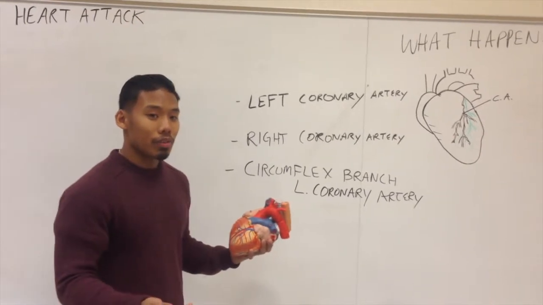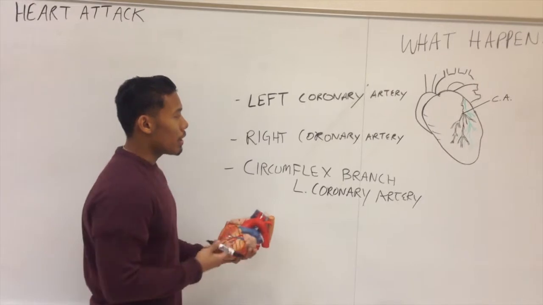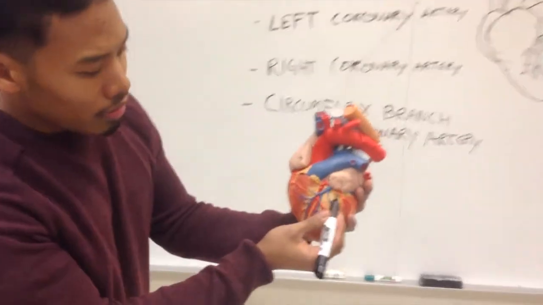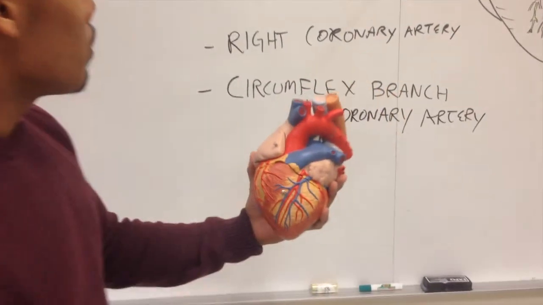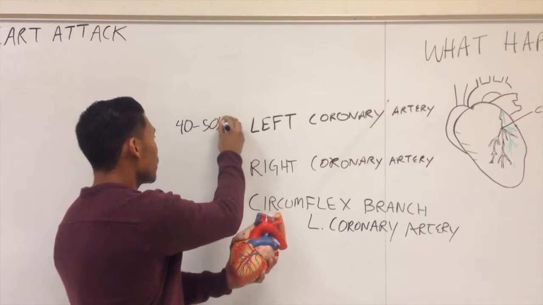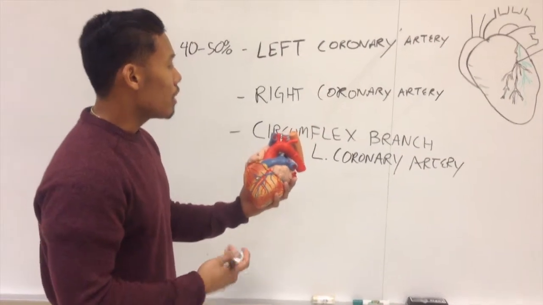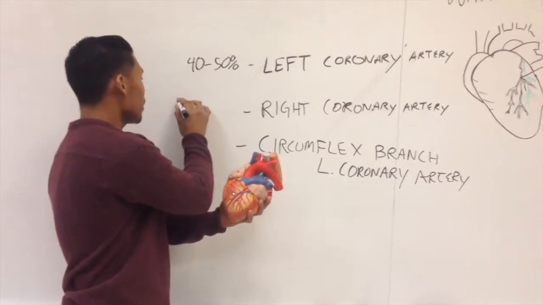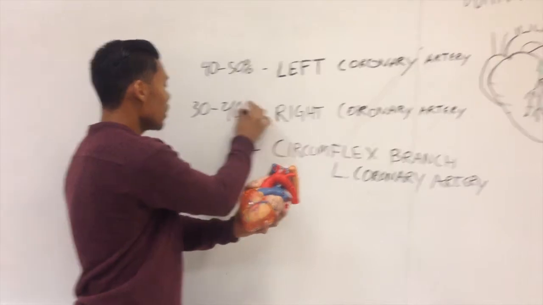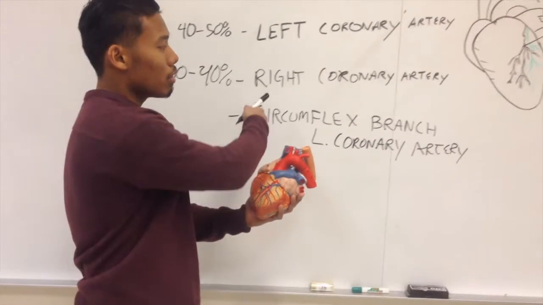The common sites for this obstruction are divided into these three. We have the left coronary artery, which you can find right here in the heart, and that's going to be about 40% to 50% of the findings of these obstructions. Now, I would say 30 to 40% are common findings of this obstruction in the right coronary artery.